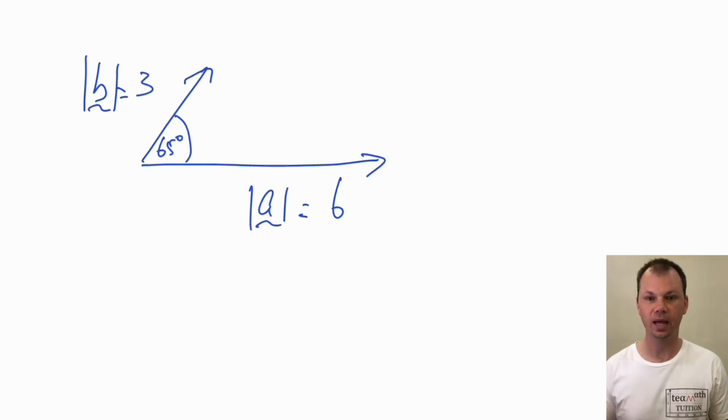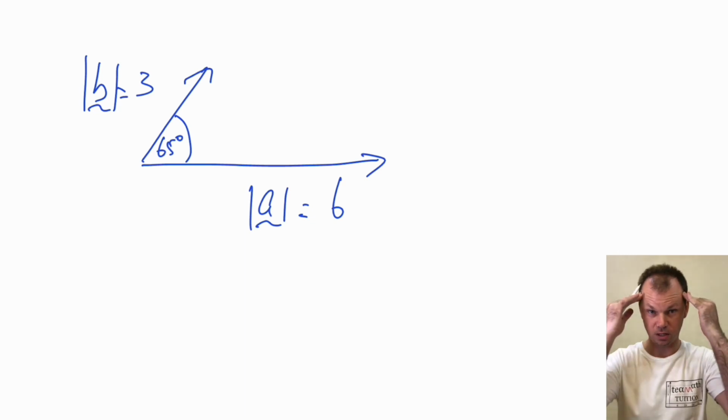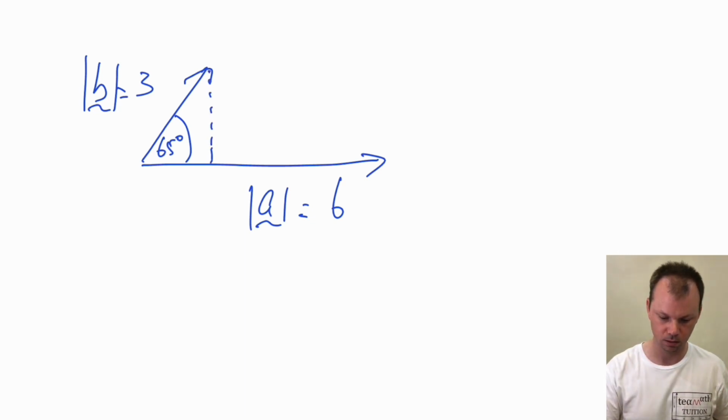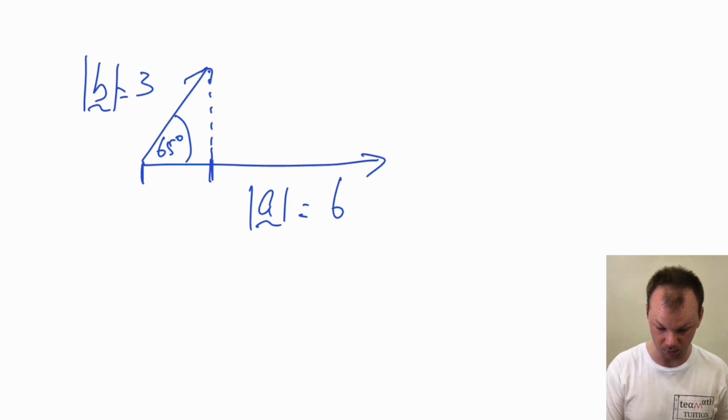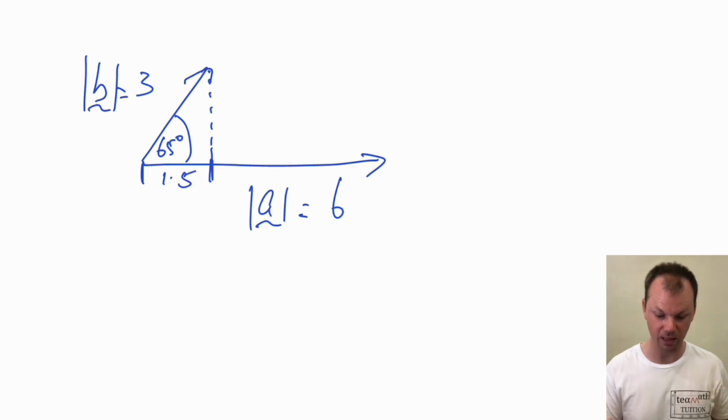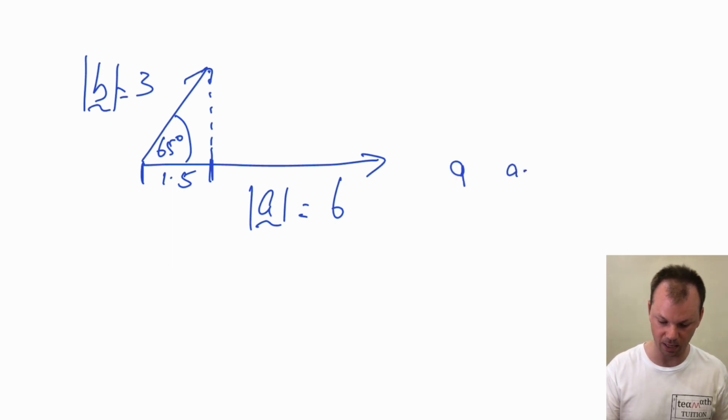So what I mean by estimating it is I want you to visualize how long this line is going to be here. So looking at that, if everything's drawn properly, I'd say it's maybe 2 or maybe 1.5 maybe, that length. And then 1.5 times 6 is going to be 9. So I'm going to estimate that A dot B is going to be 9 in this case.